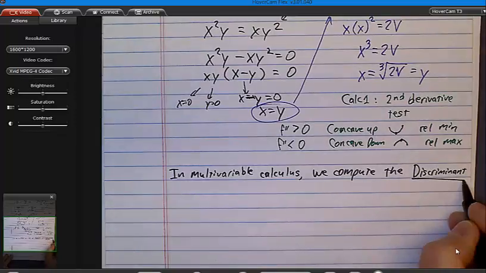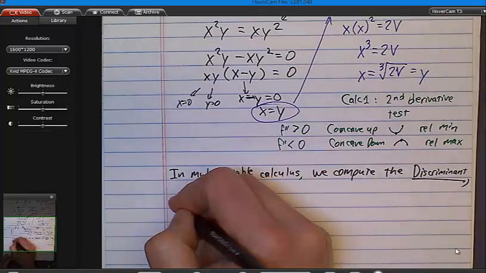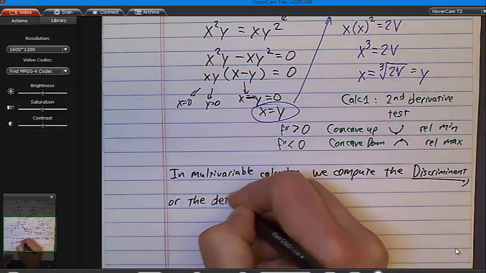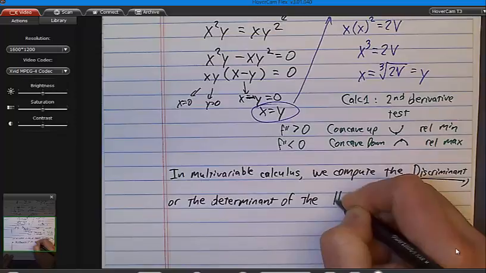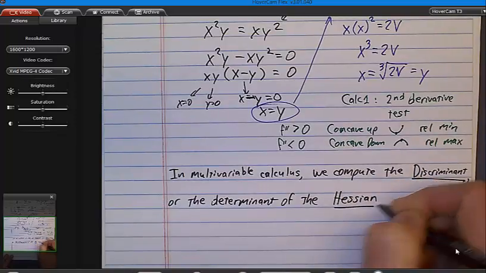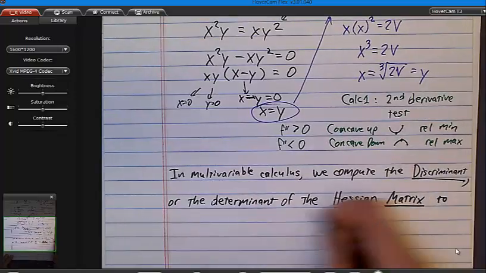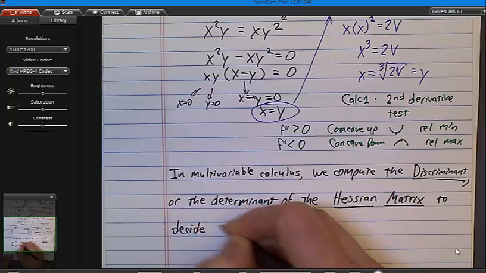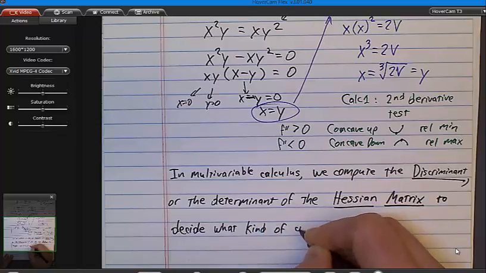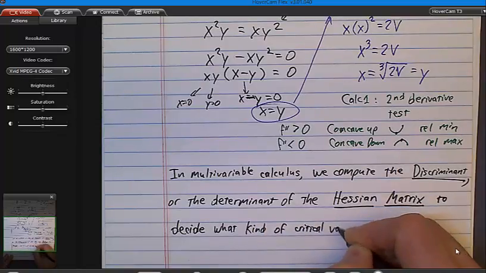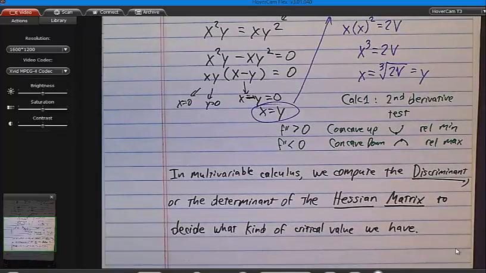It's also called the determinant of the Hessian matrix, to decide what kind of critical value we have. So I need to show you what that is.